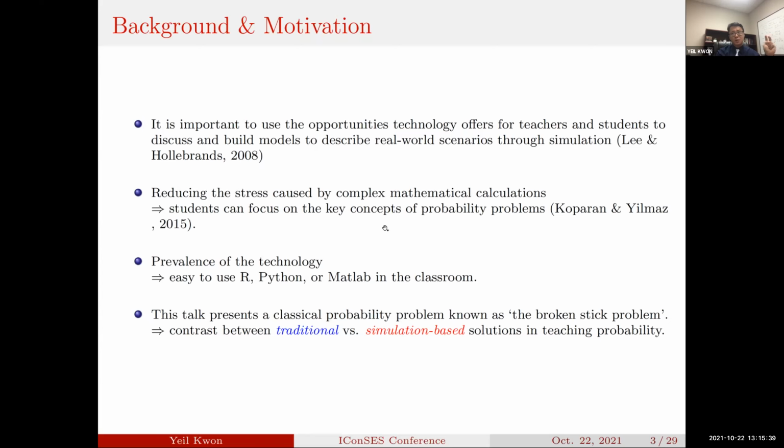And this simulation study does not require much mathematical knowledge, just intuition and very basic, especially in this question, geometrical knowledge. It is very easy to approach these problems. So I just want to show a comparison of the traditional and simulation-based teaching methods.